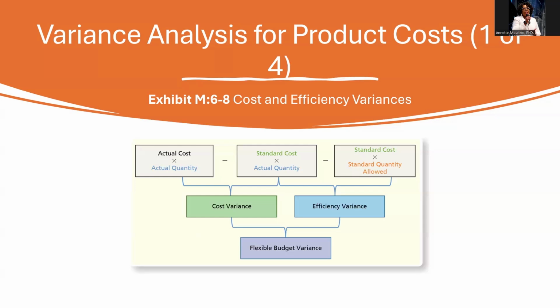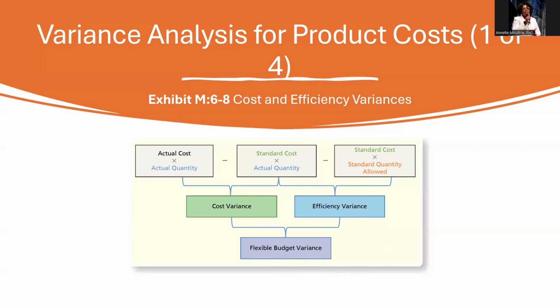Then you have efficiency variance equal standard cost times actual quantity minus standard cost times standard quantity allowed. And the flexible budget variance is equal to cost variance plus efficiency variance, okay? So the flexible budget variance is the cost variance plus the efficiency variance.